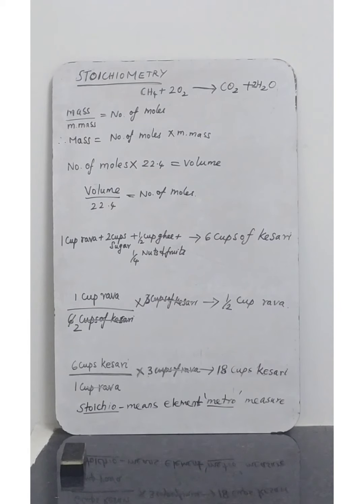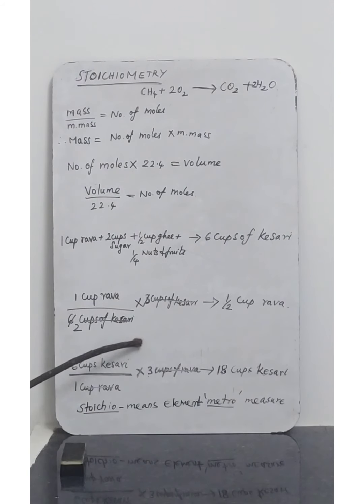For 6 cups of kesari you are taking 1 cup of rava. If you want to get 3 cups of kesari, how much rava do you have to take? Easy calculation, half cup. But here we can use the formula in this way.